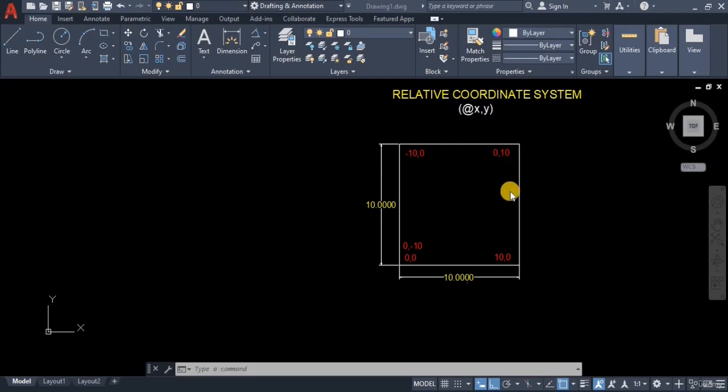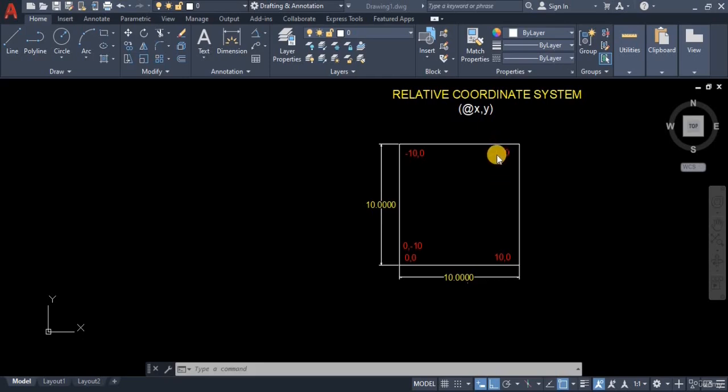That is why y is 10. So for the relative coordinate system, this depends on the previous point, unlike the absolute coordinate system. The absolute coordinate system always depends on the origin, but for the relative coordinate system, the point depends on the previous point.